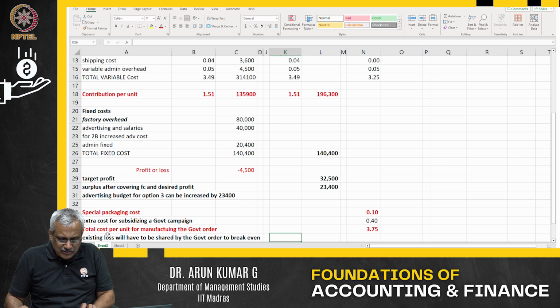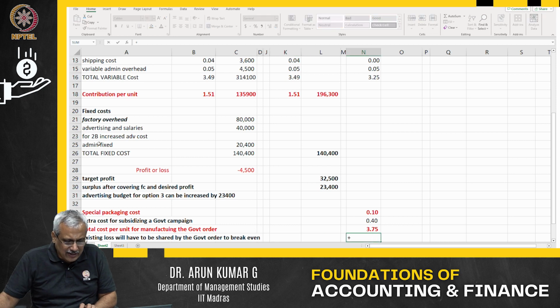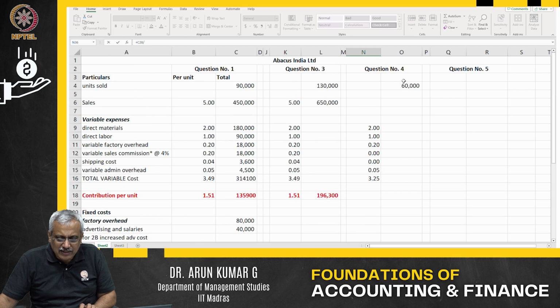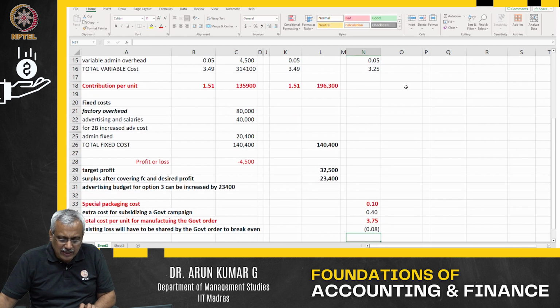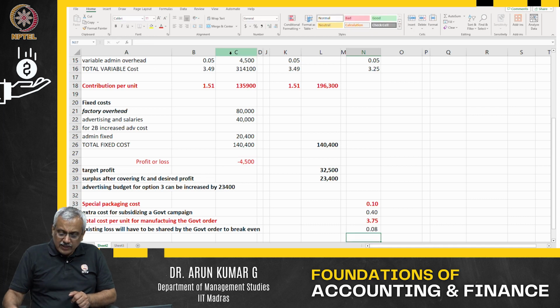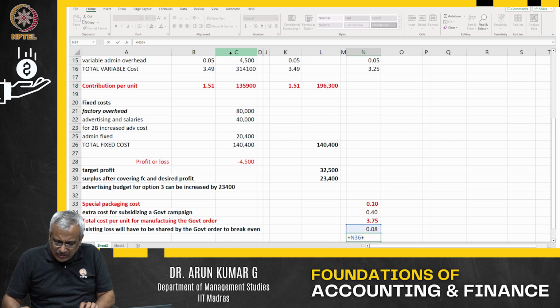What is the existing loss you have? The existing loss I have is 4,500. That divided by how many units? 60,000 units. That is all I am looking at in this case. So what is the price at which I will have to sell the government order?